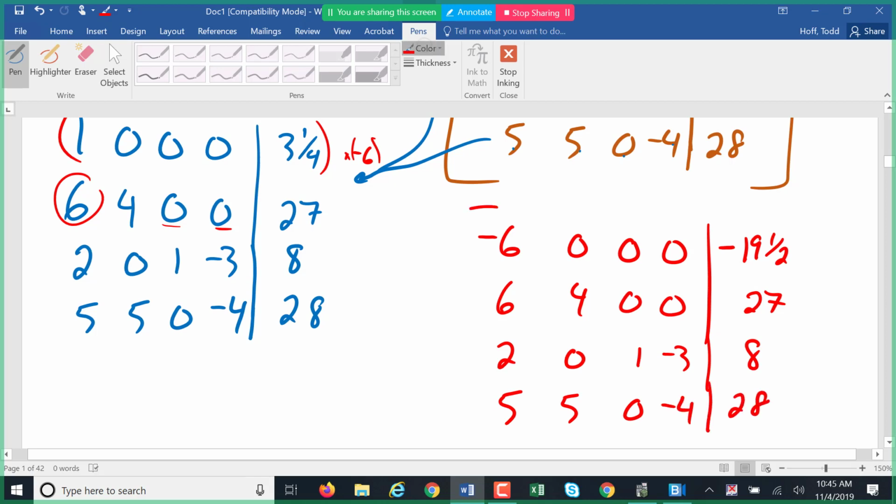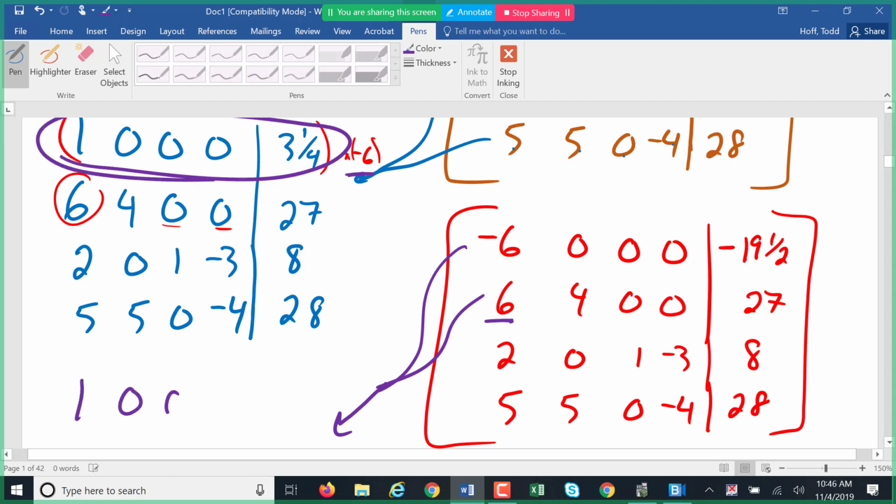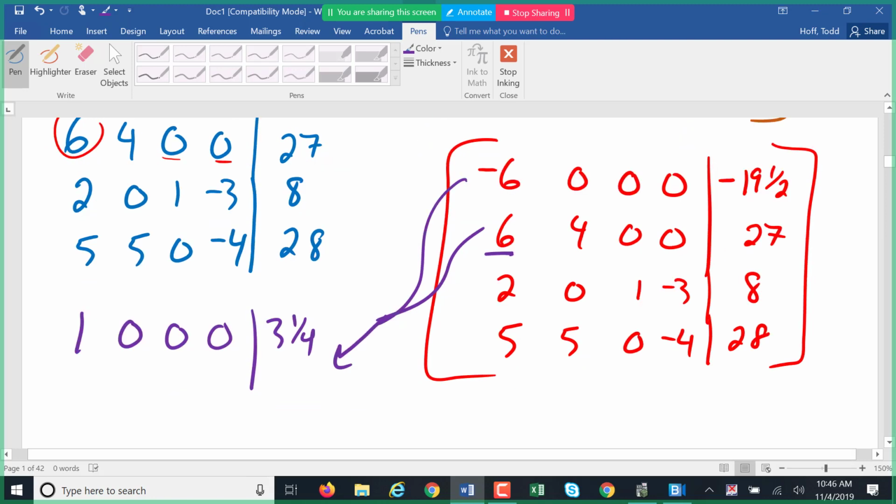And now I'm going to add the first 2 rows, and I'm going to use it to replace that second row. Now my top row, I'm going to go back to what it was before I multiplied by 6. 1, 0, 0, 0, 3 1/4. I only multiplied by the 6 so that I could use it with the second row here.